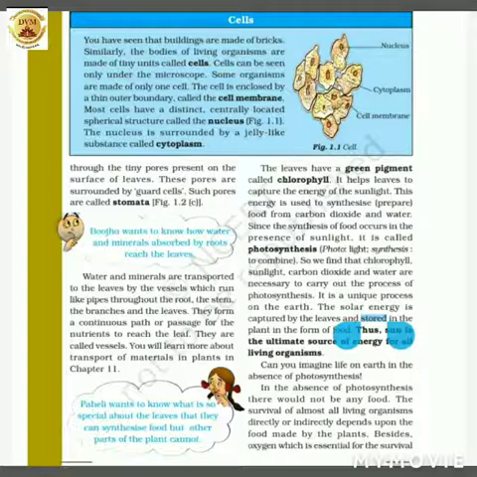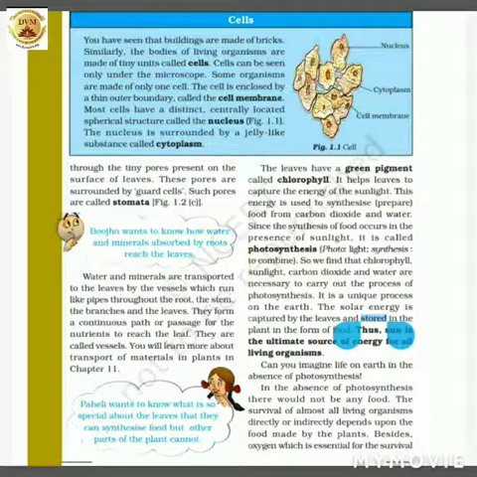These tiny pores present on the surface of the leaves are known as stomata, which help in the exchange of gases from the atmosphere. The stomata absorb carbon dioxide from the atmosphere and release oxygen during the photosynthesis process, which is very essential for all organisms for respiration.